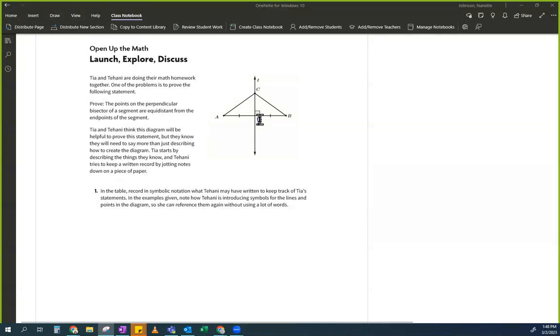Because it's perpendicular, who else is congruent? So this side is congruent to this side. I'm going to tell you right now, it's the angles. So this angle in here is congruent to this angle in here. So whenever you have lines that are perpendicular, the angles that you should see are all congruent.